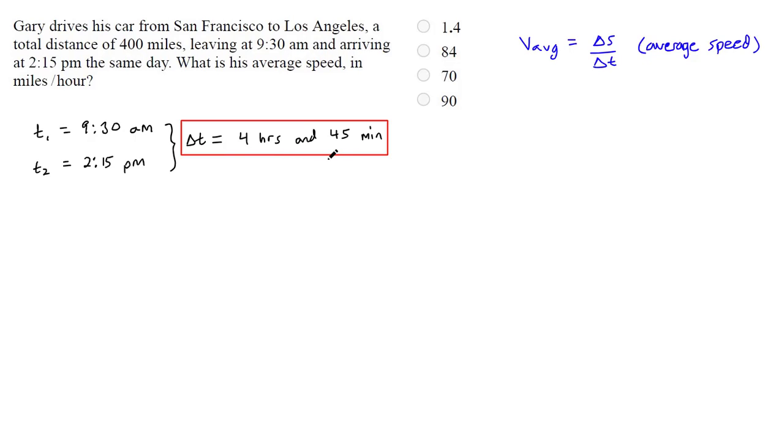So it's important to notice that this problem asks us to get the average speed in miles per hour. So we already know that he traveled a distance of 400 miles. But now we need to know the total amount of hours that he traveled. Our change in time here is 4 hours and 45 minutes. And since it takes 60 minutes to make 1 hour, we can convert the 45 minutes into units of hours.